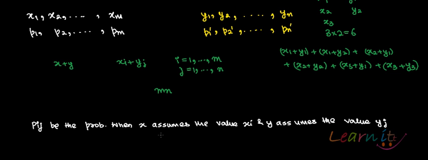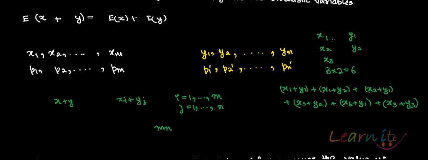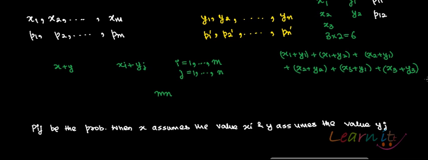So for example, when x assumes the value x1 and y assumes the value y1, the probability is p11. When x assumes the value x1 and y assumes the value y2, the probability is p12, and so on.